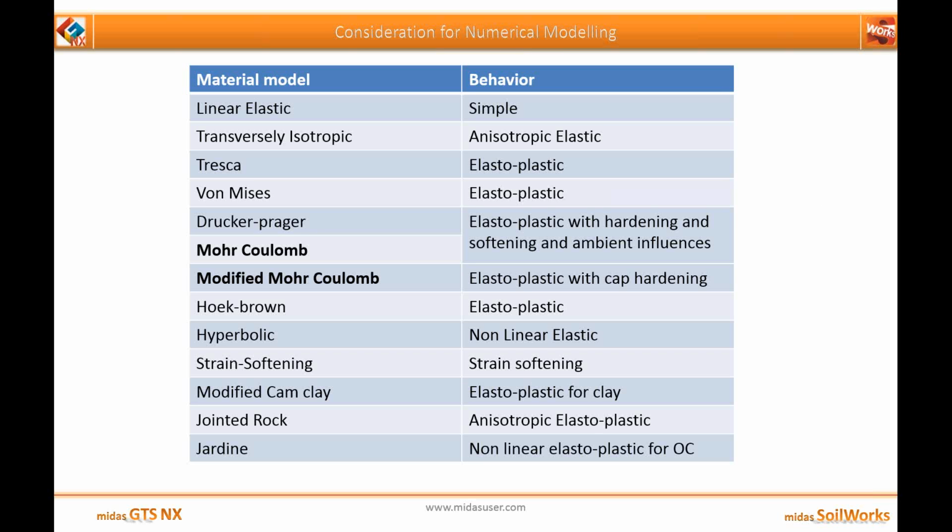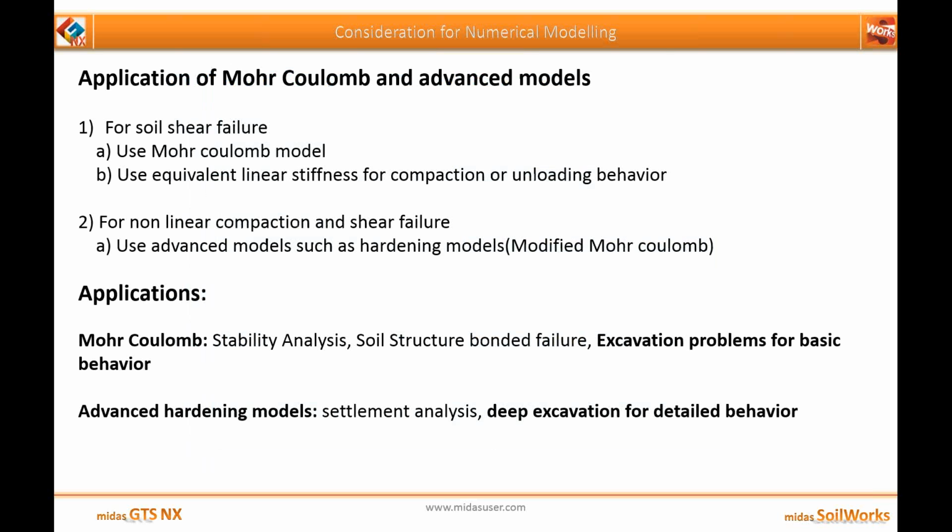These are the various material models. For example, the highlighted one is Mohr-Coulomb, which is basically elastoplastic with hardening and softening and ambient influences, and modified Mohr-Coulomb, which is elastoplastic with cap hardening. These models are generally used to simulate the shored excavation model. Now, the application of Mohr-Coulomb and the advanced models.